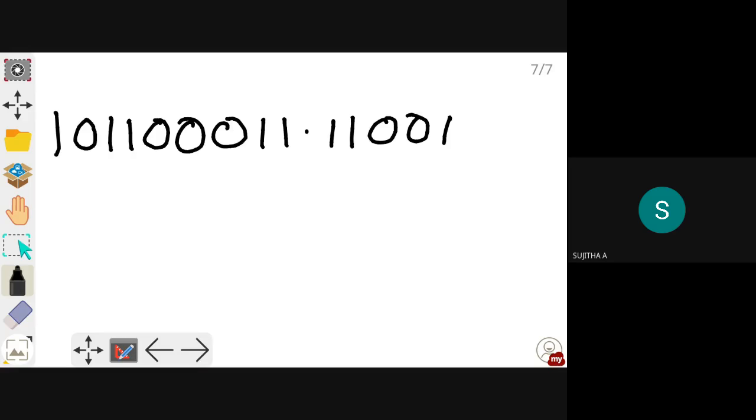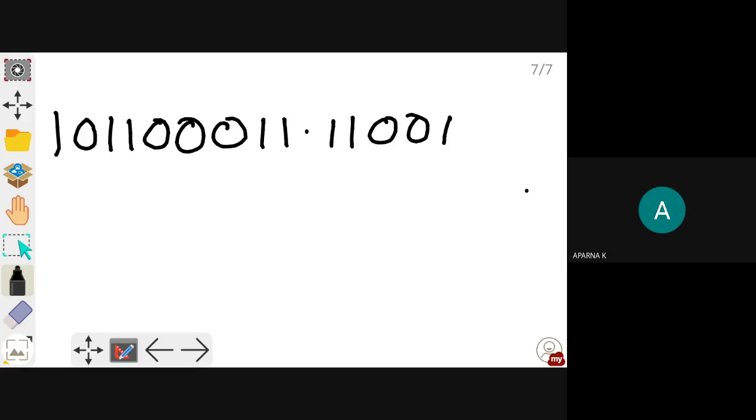You're going to convert it to an octal value. So what is the base of octal? 8. So how many bits are required to represent 8 digits? 3 bits are required.